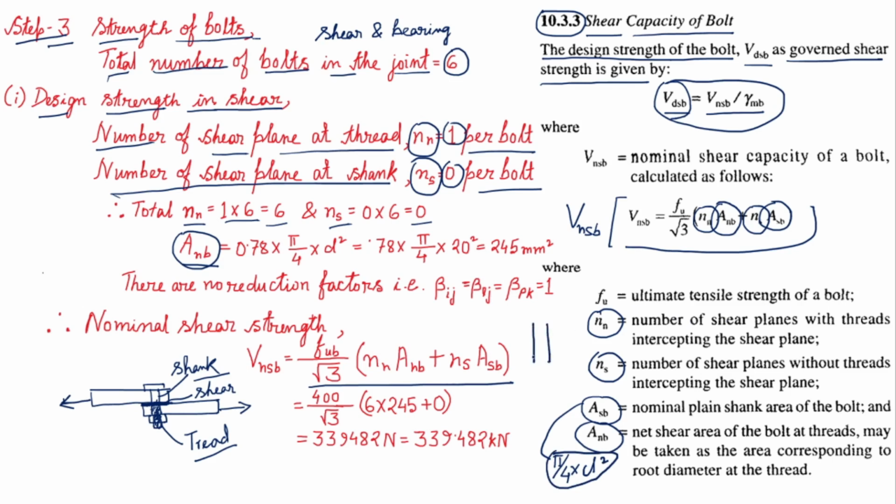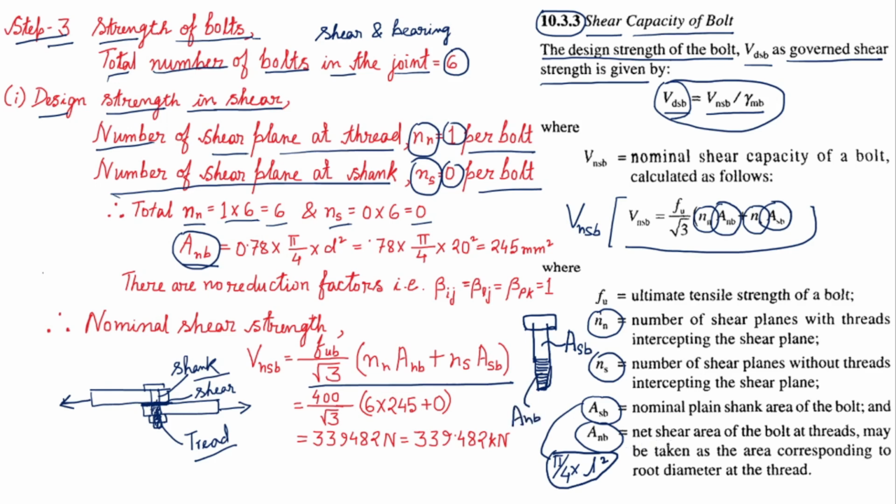So this is the bolt, and the bottom part is threaded. The area of the shank is ASB and the area of the threaded portion is ANB.